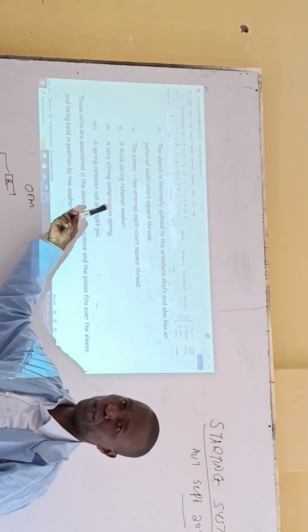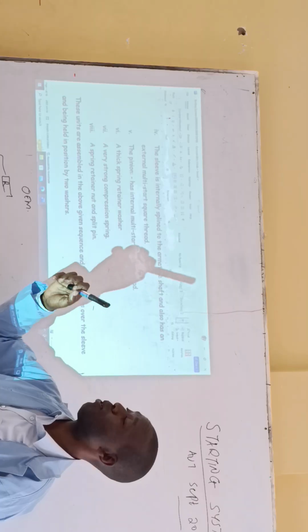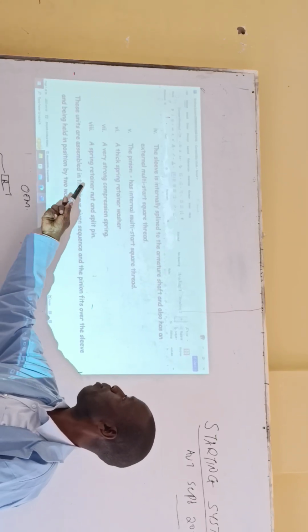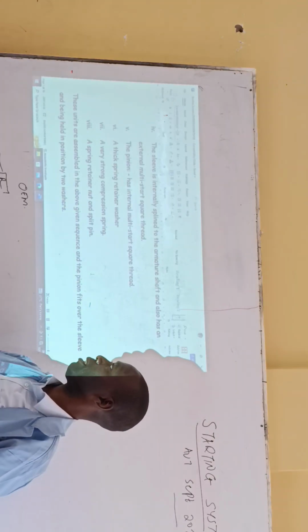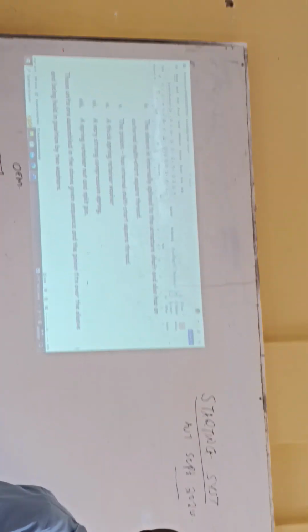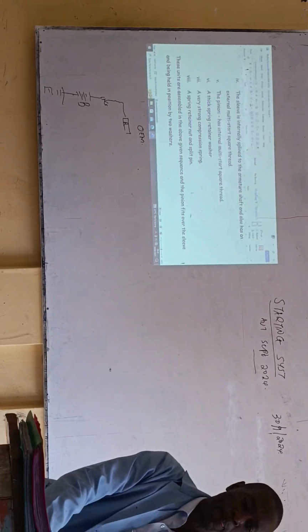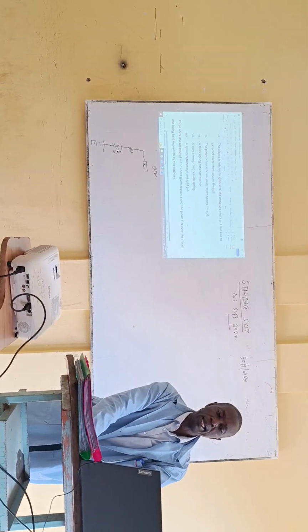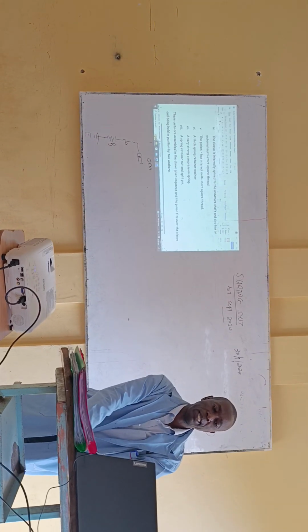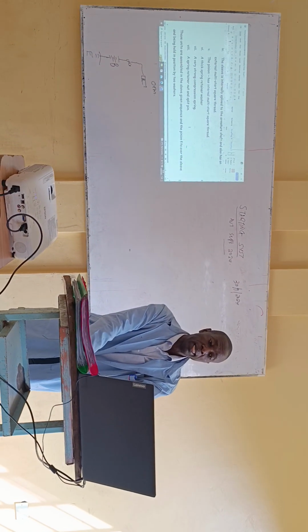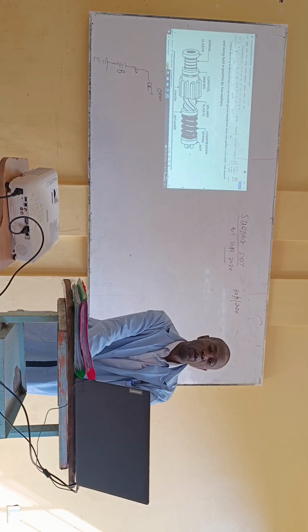A very strong compression spring. This spring is very, very strong because it's the one that absorbs the shock. A spring retainer nut and split ring. So these units are assembled one after the other in the above sequence, and the pinion fits over the sleeve and is held in position by the two kinds of washers.